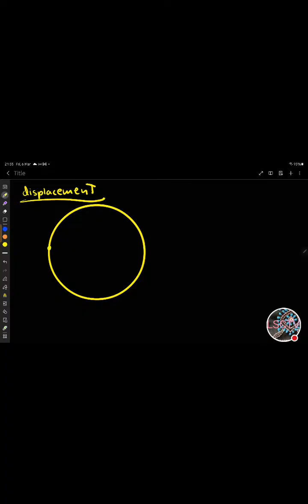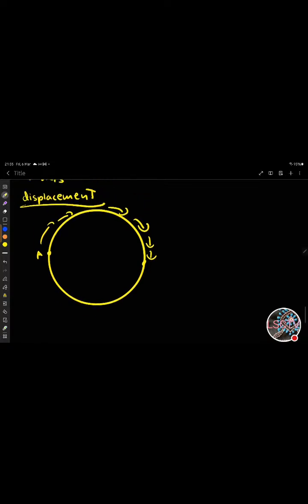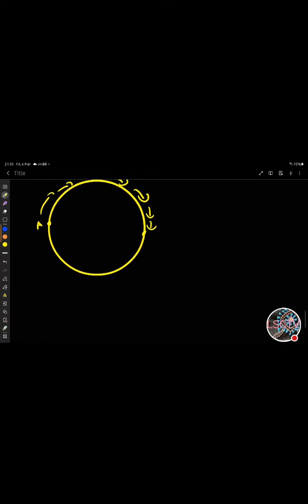You start from A, you go on, and it is here. So, let's say if you have another topper beside you, and you're racing with them, what path would you take? First, let us calculate the distance here. So, what is the circumference of a circle?